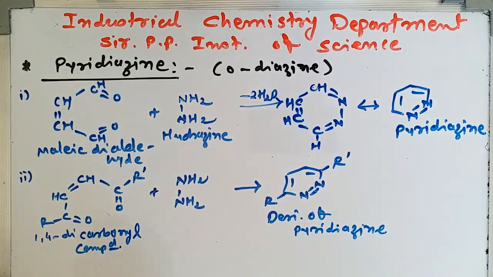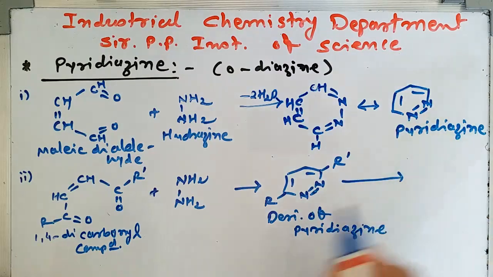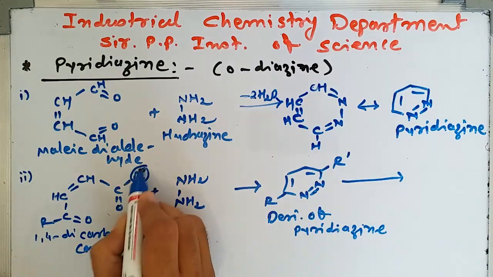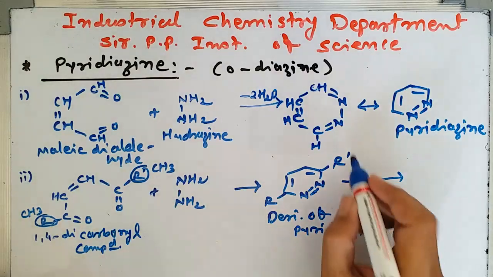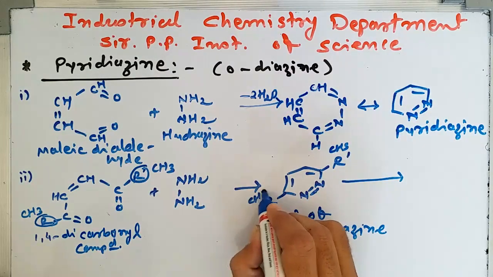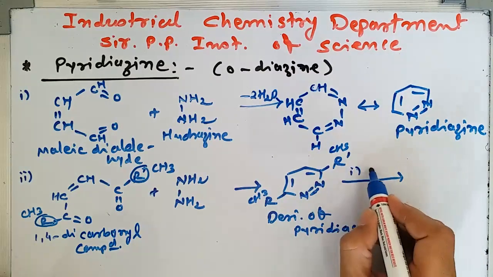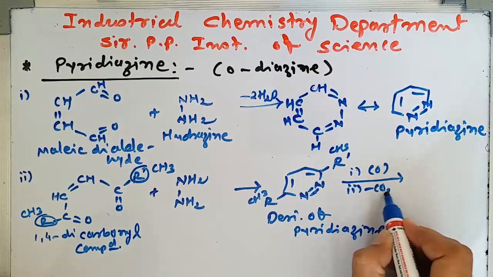If the alkyl group here is CH3, that is, our ketonic group of the dicarbonyl compound contains CH3, then first of all we carry out oxidation and then decarboxylation.